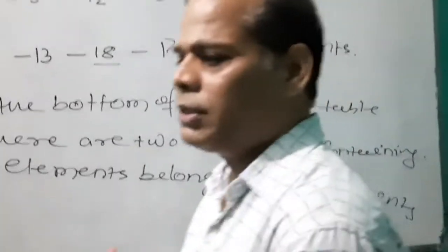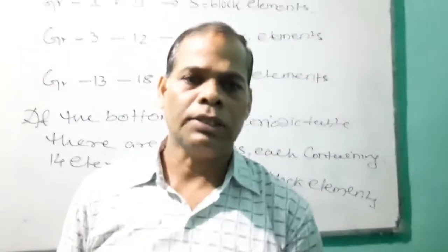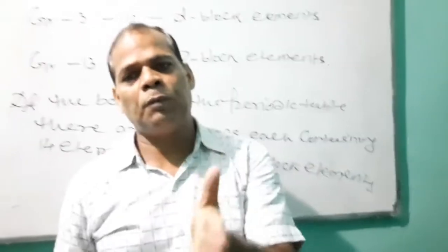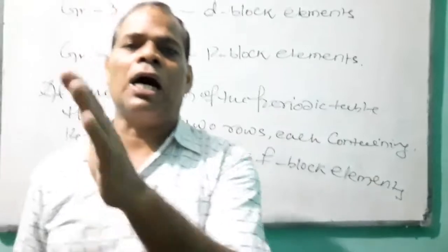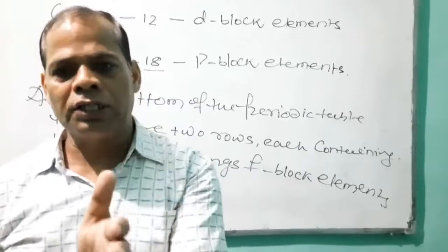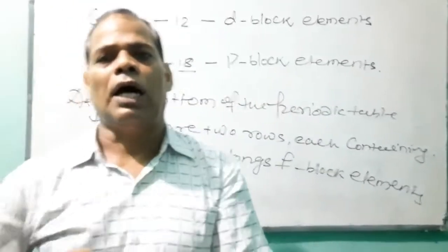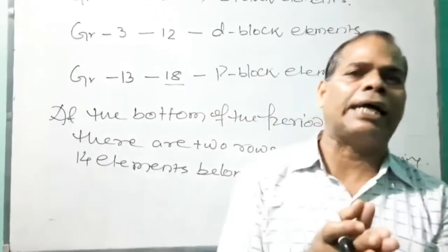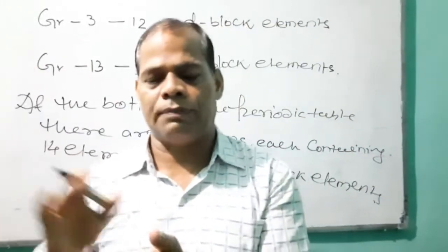My dear student, now this is another very important information. Left side of the periodic table, generally metals are found, and right side of the periodic table, non-metals lie.